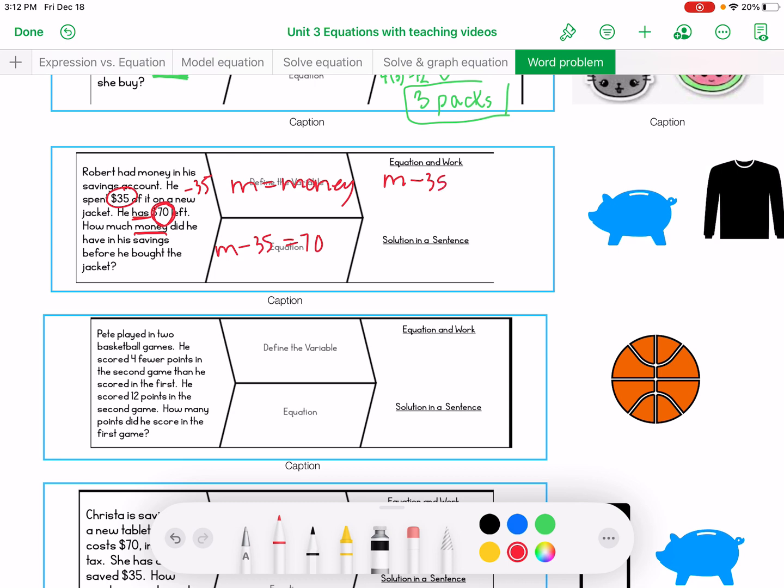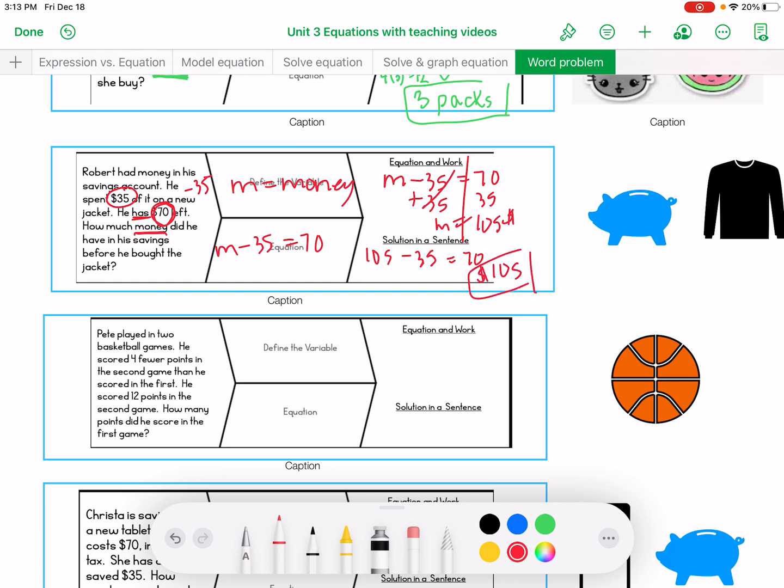I'm going to write my equation out and I'm going to solve. I'm going to add 35, M is equal to $105. I'm going to plug that in. 105 minus 35 is equal to 70, and we have our total of $105.